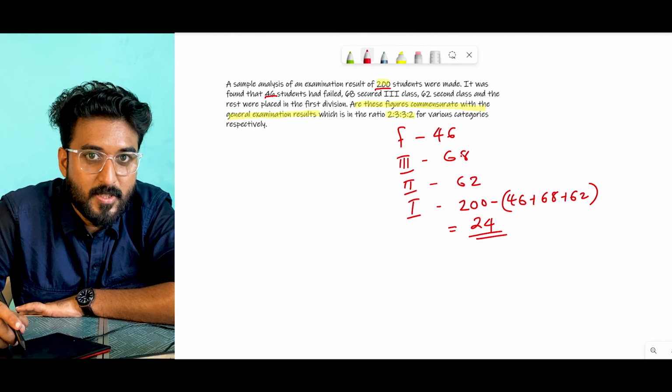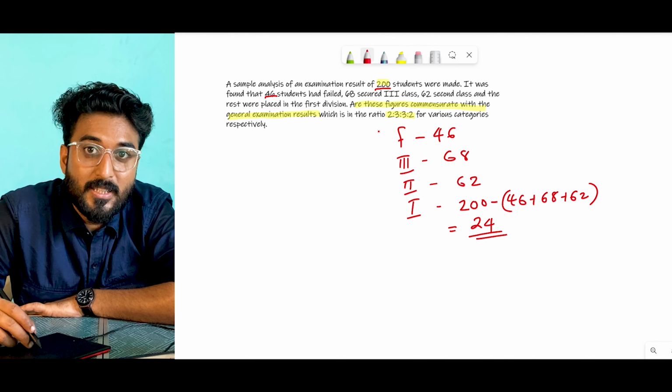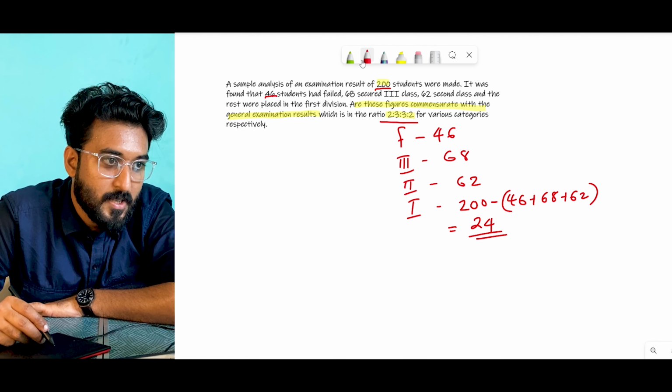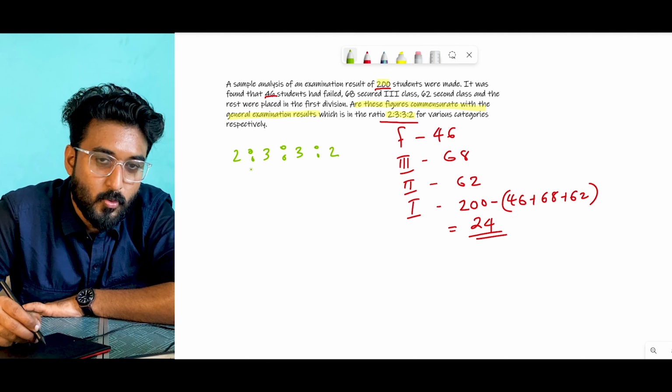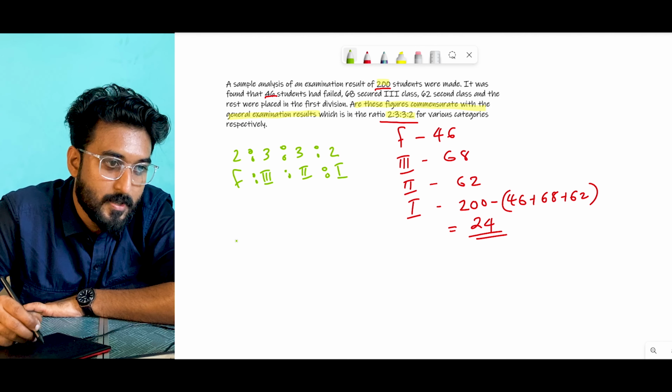The observed frequencies we know are 46, 68, 62, 24. For the expected frequencies, only a ratio is given: 2 is to 3 is to 3 is to 2, which means failed is to third class is to second class is to first class.